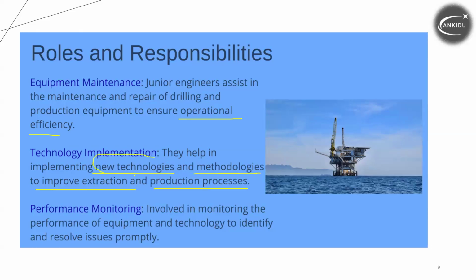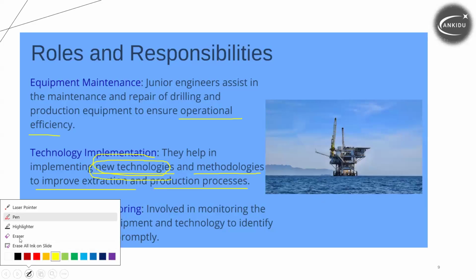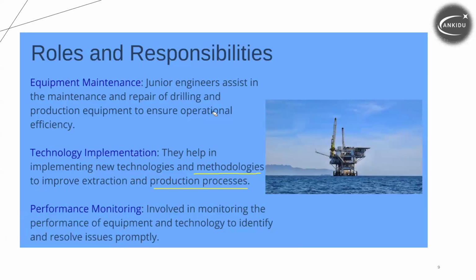With the new technologies, you have to think about what tools nowadays in my role are helpful or harmful for me, what they are, and how I can manage them and use them to improve extraction and production processes. Then definitely you have to think about how these technologies have to be implemented and followed.